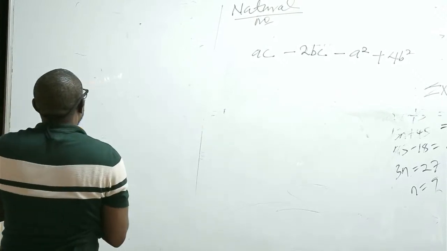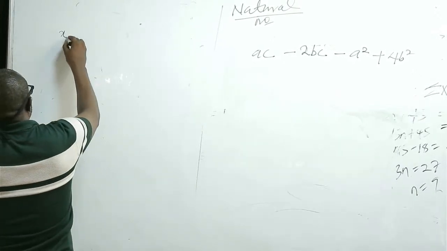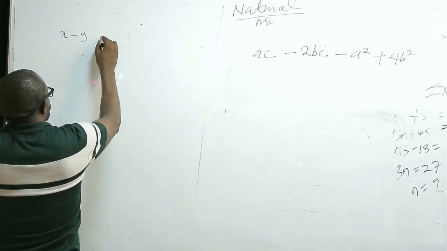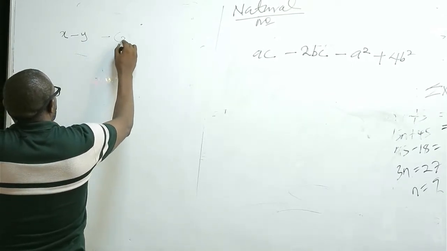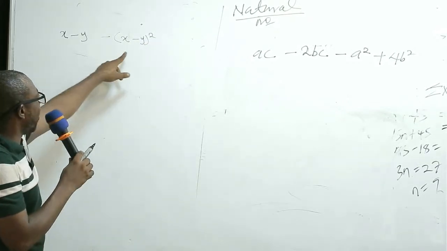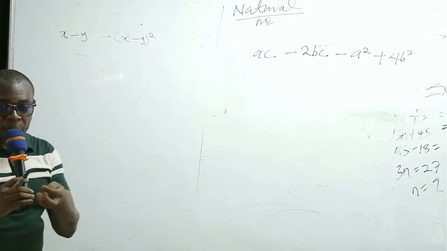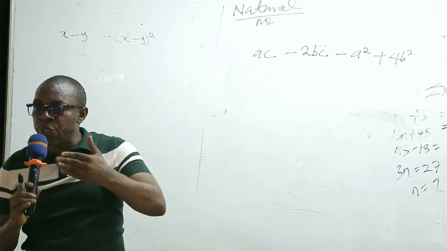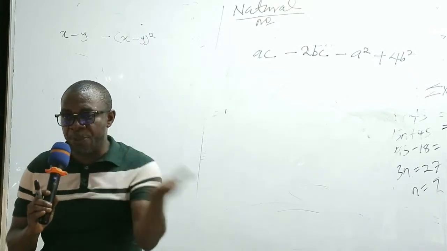Let me come here. If I have x minus y, and I have minus x minus y all squared. If I have this, they say factorize. Class, are you with me? Now, this is what I will see. I'm seeing two sides of a river.